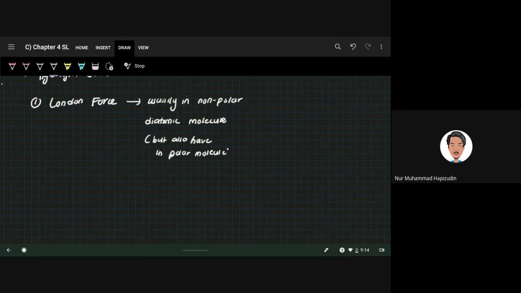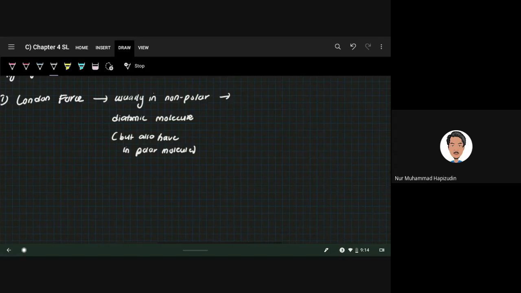Dalam polar molekul pun ada, tapi biasanya contoh kita gunakan non-polar. Non-polar ni ada banyak lah: Cl2, O2, N2, Br2 and so on. So I just use the Cl2 example. The structure is Cl, Cl.